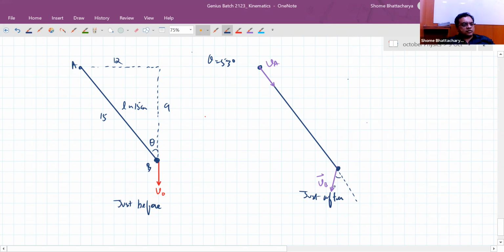Let's say this angle is some unknown angle alpha naught.